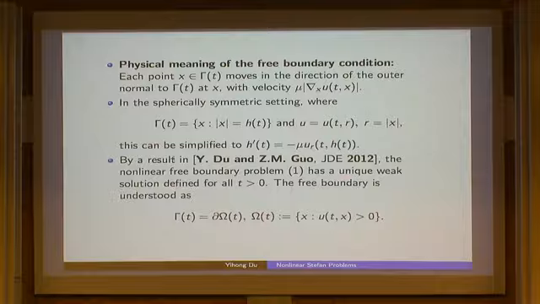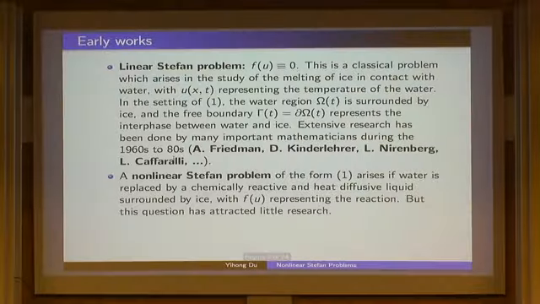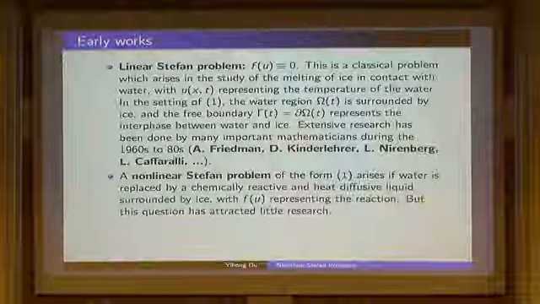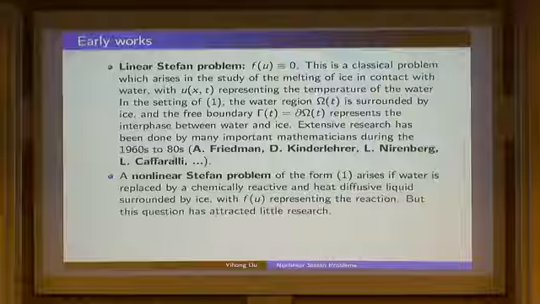But in any case, in such a situation, omega t is just where the solution is positive for fixed t, and the free boundary is just understood as the boundary of this positive set of U. So if f of u is identically 0, then we are back to the classical problem, which was studied because it describes the melting of ice in contact with water.